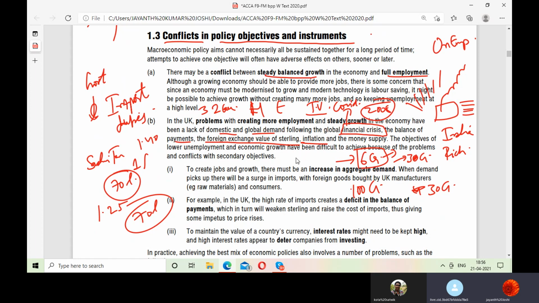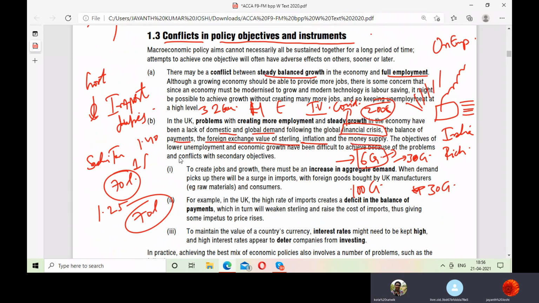Why? Because inflation also crops up when you produce very little. Less supply and less production makes things costlier. Bulk production makes things cheaper, because the cost comes down with bulk production, and the money supply also.